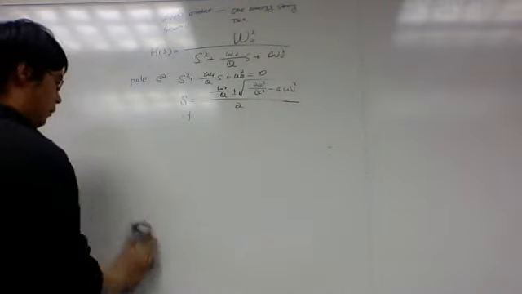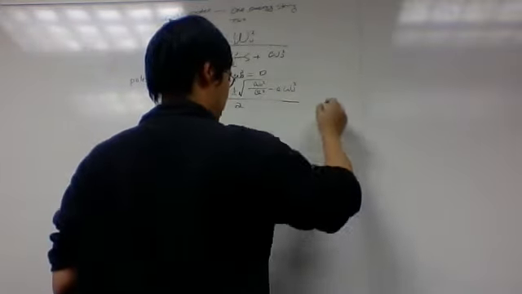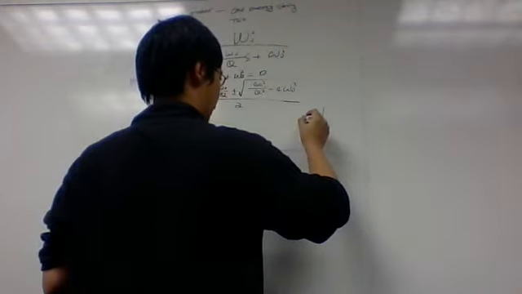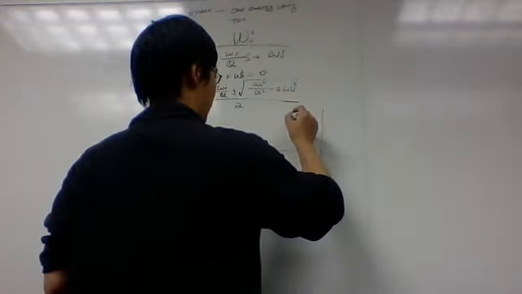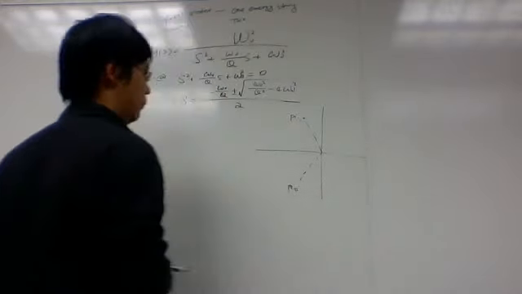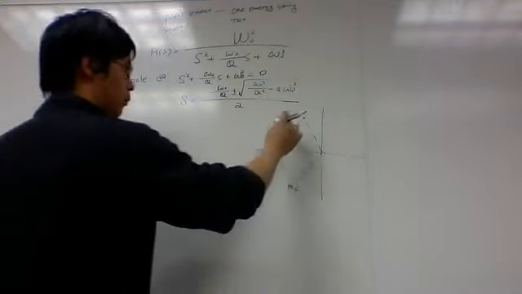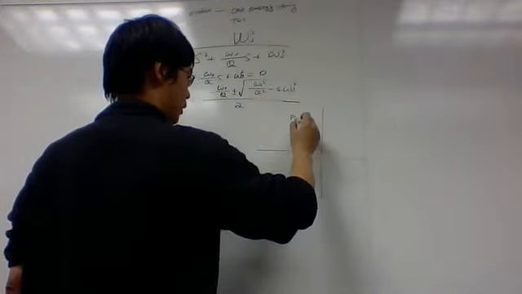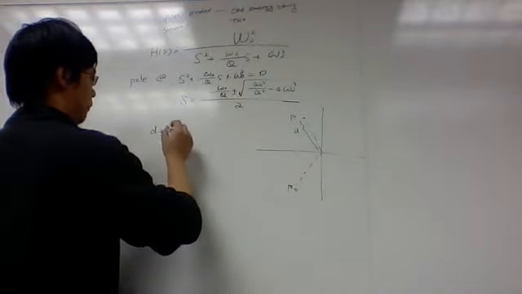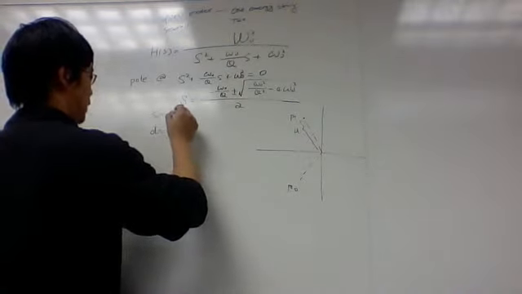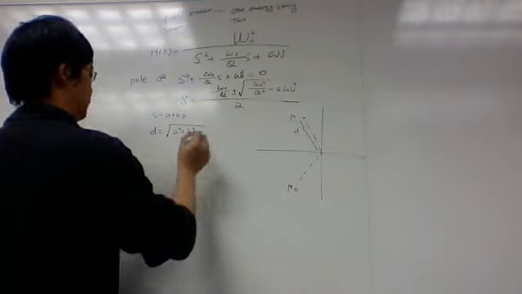Now let's look at the location of the complex conjugate poles, right? So you have a pole here and then a conjugate pole here, right? The distance from here to the origin is called d. So d is, if you have s equals a plus bj, d will be the square root of a squared plus b squared, right?